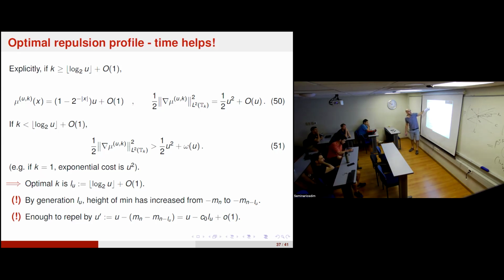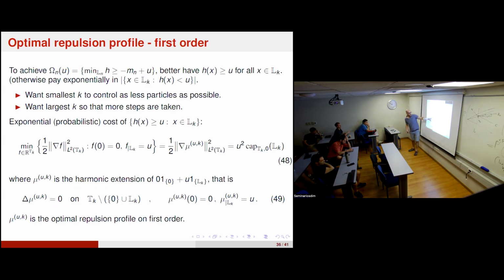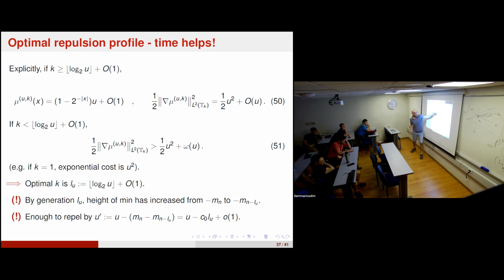And that's true for any k, as long as k is bigger than log 2 of u. If I'm looking at the harmonic function, or if I want to minimize this quantity, as long as k is bigger than log 2 u, this is the profile, and this is what I pay. And now you just take the minimal k.